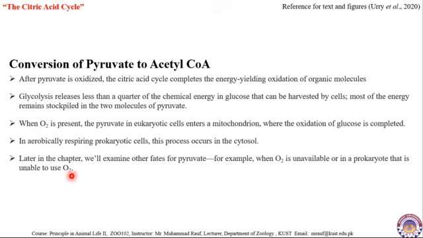So now we are discussing the fate of pyruvate in cells where oxygen is available, and later on we will discuss the fate of pyruvate in cells which are lacking oxygen or which are unable to use oxygen. For example, they are anaerobes.